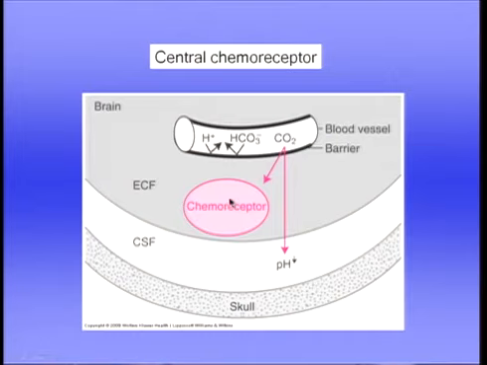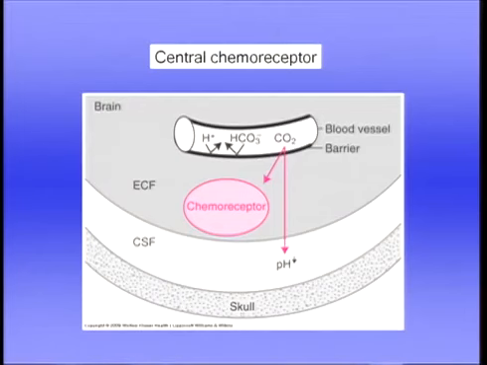In fact, the central chemoreceptor is responsible for most of the minute-by-minute control of ventilation over the 24 hours. The central chemoreceptor responds to pH in the extracellular fluid, which essentially is the pH of the cerebrospinal fluid here, CSF meaning cerebrospinal fluid. We can't get at the extracellular fluid easily, but the cerebrospinal fluid is easily looked at.